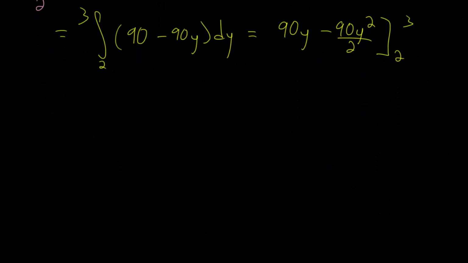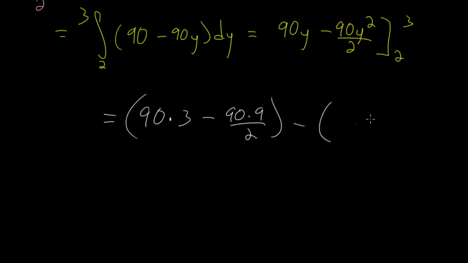So let's continue that down here. We can plug in 3 first. We have 90 multiplied by 3 minus 90 multiplied by 9, all divided by 2. And then we subtract at the lower bound. 90 times 2 would just be 180. And we subtract 90 multiplied by 4 and then divided by 2. So that's just 90 times 2, which is 180.